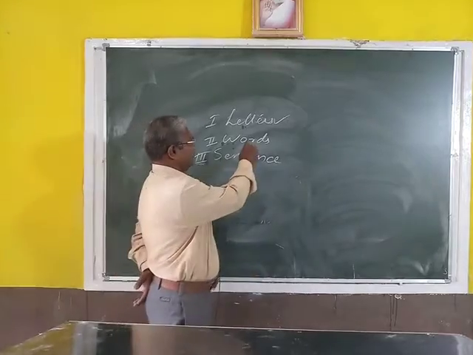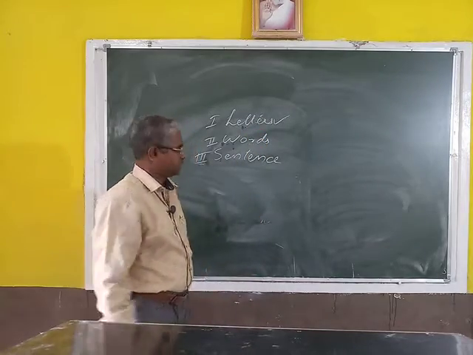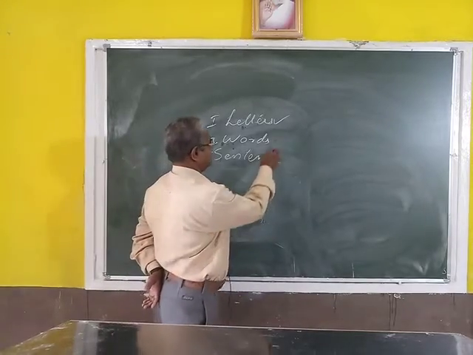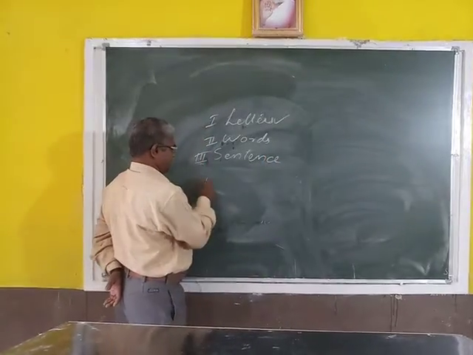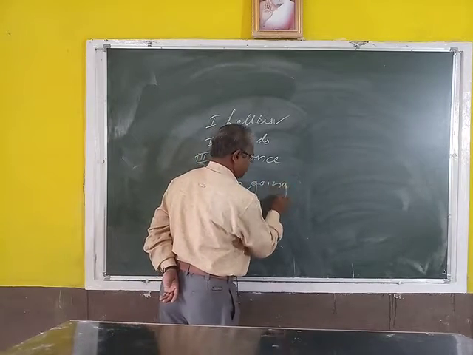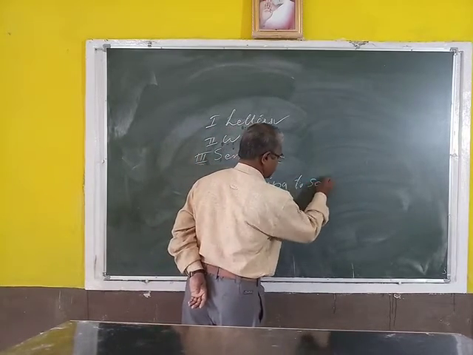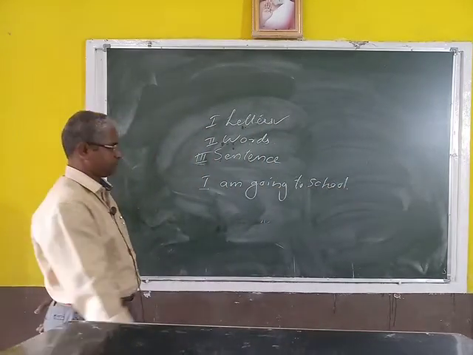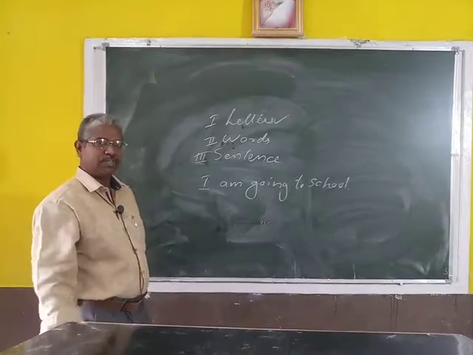Here a word is a group of letters. Then like that, a sentence is a group of words, a number of words. Then I will write: I am going to school. It is a sentence, a very simple sentence.